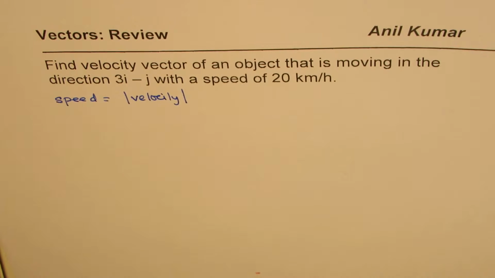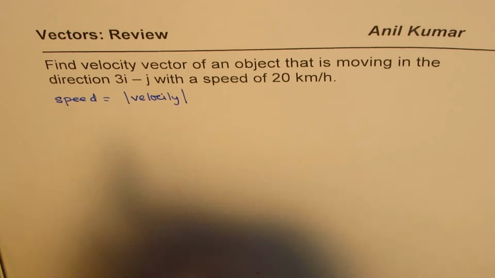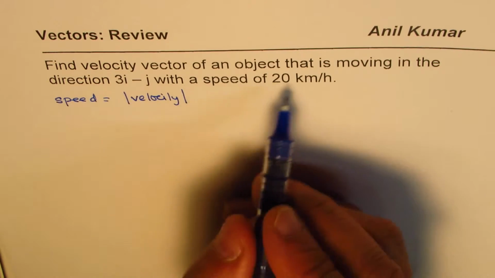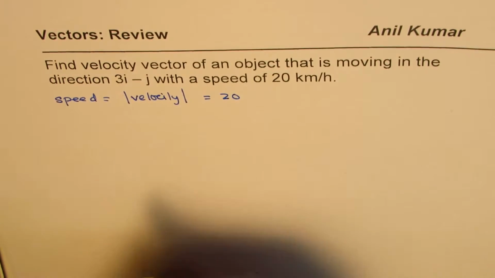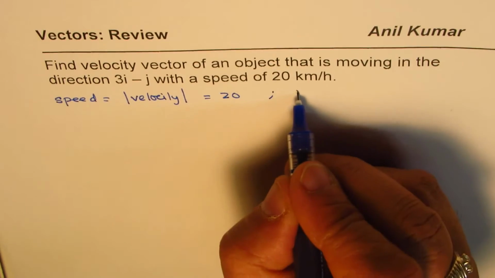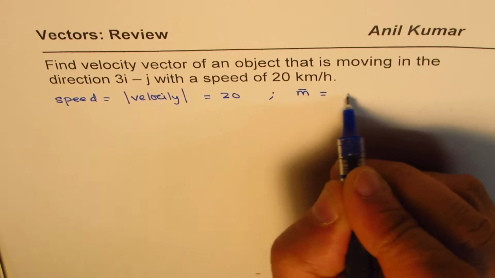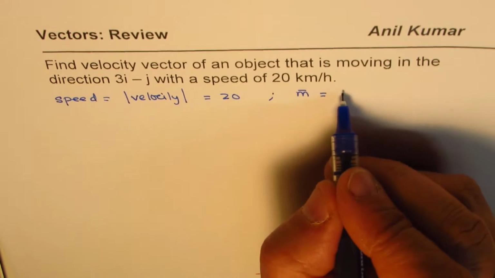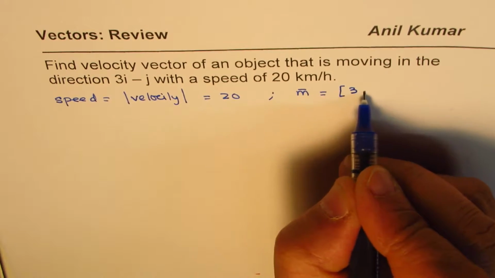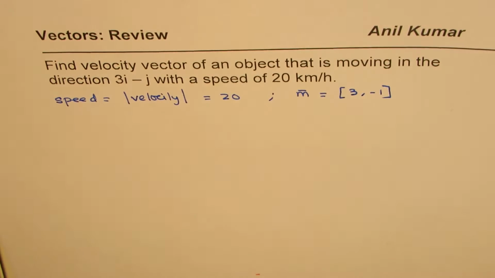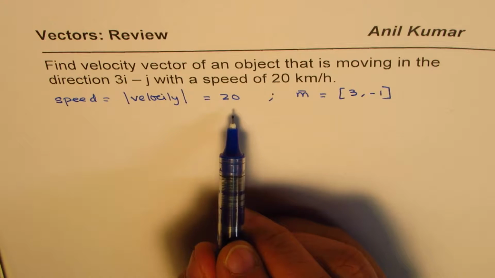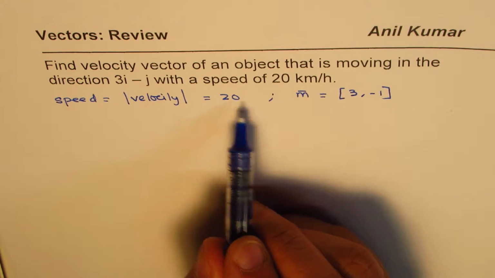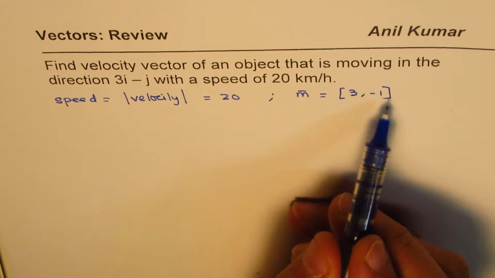Speed is a scalar quantity which does not have direction. In this case we are given a speed of 20 kilometers per hour, and the direction, let me call this m, equal to 3i minus j, which we could write as (3, -1). Now we need to write the velocity vector which has a magnitude of 20 and a direction of (3, -1).